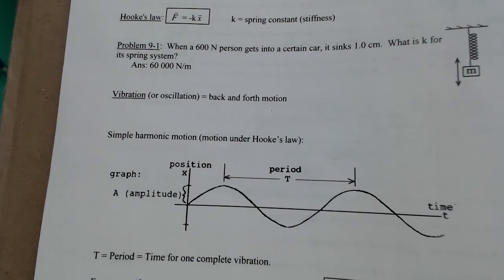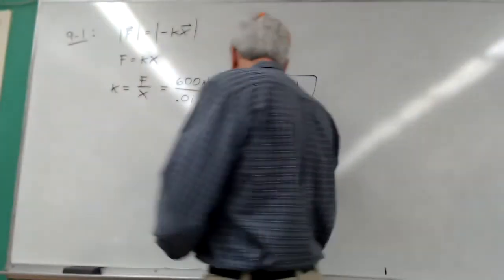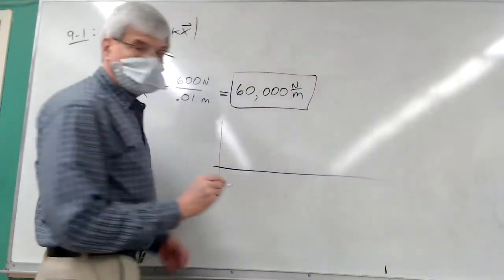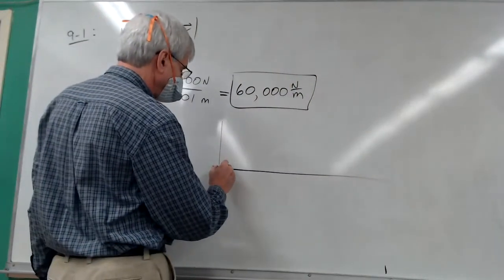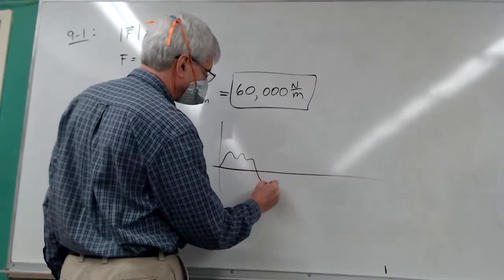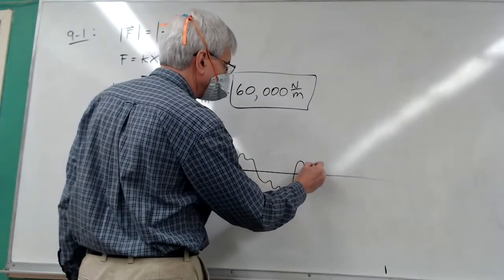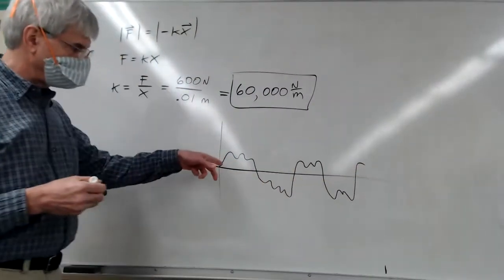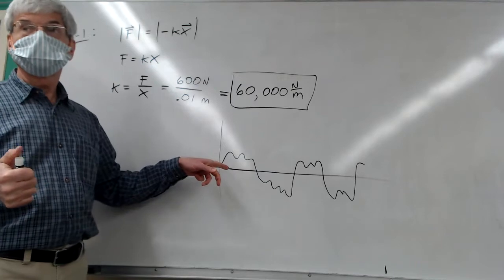Or actually, you can even have more extreme types of things. You could even have, for example, what you get with sound waves sometimes, a much more complicated pattern. Something like that is definitely not harmonic motion.